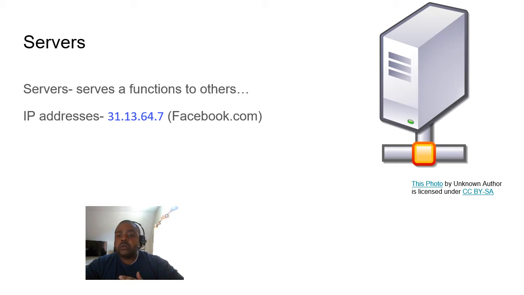So we also created something called the domain name system. DNS is how we take those IP addresses and associate them with a readable human form of words. So 31.13.64.7 translates into facebook.com.